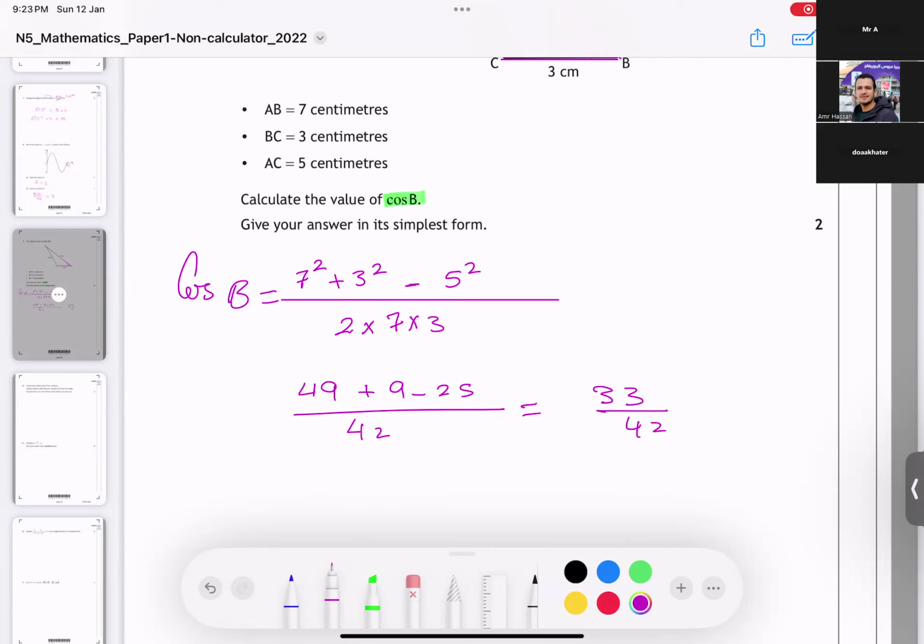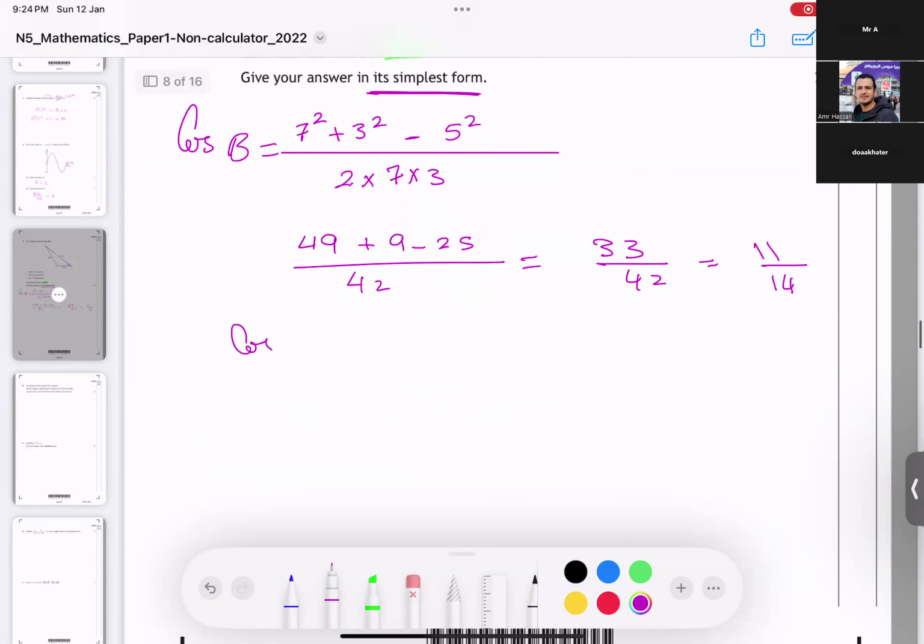Most of them are divisible by 3. Divided by 3, yeah, okay. So it's going to be 11 over 14. Did you get it? The point is, this one must be arranged in the simplest form because he asked me to do it. So cosine B is going to be 11 over 14, right? Yeah. Did you get it?